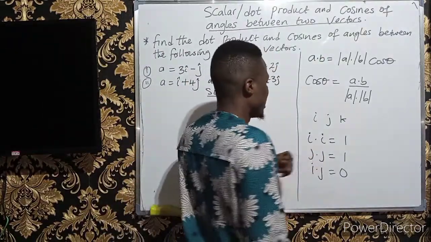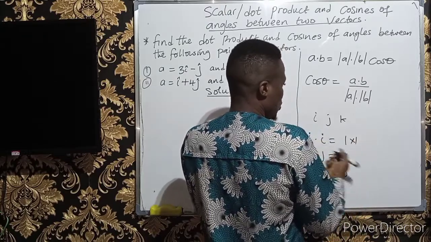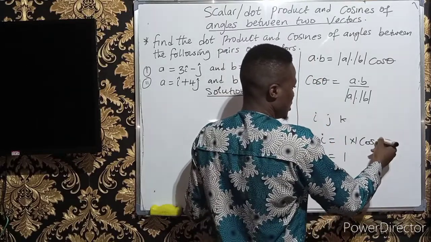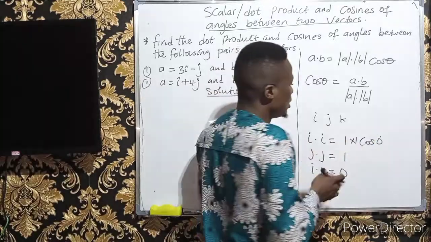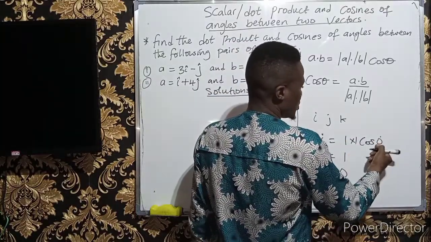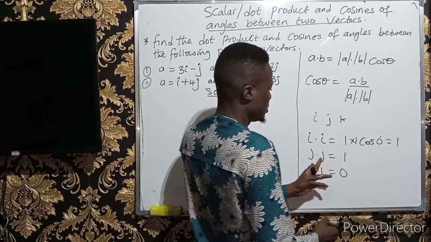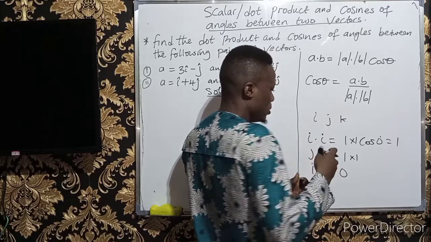Because if you have i times i, it is 1 times 1 because their modulus are 1 and 1, then cos of the angle between i and i is just cos 0 degrees because they are the same, no space, they are parallel to each other. And because cos 0 gives us 1, 1 times 1 is just 1. But j times j is also 1 times 1 because their modulus are 1.